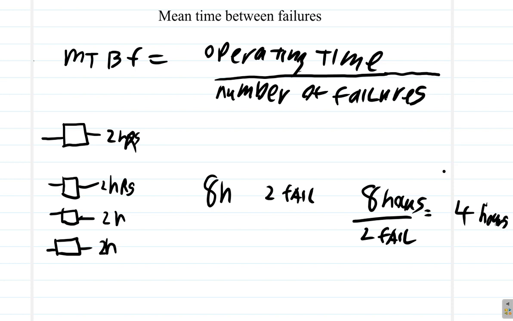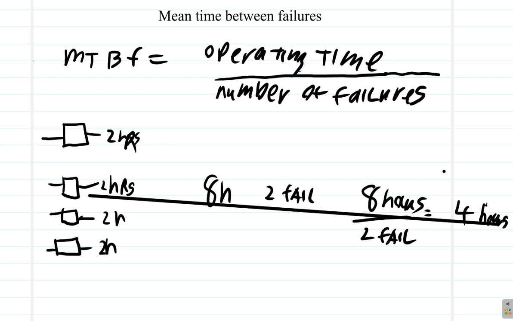So you could say you expect each of them to last for 4 hours, right? Because you tested 4 of them for 2 hours and 2 out of all of them failed. And when you divide it up, then 4 hours you expect each of them to last.